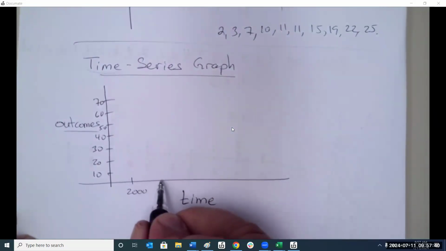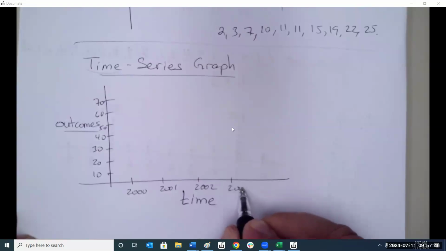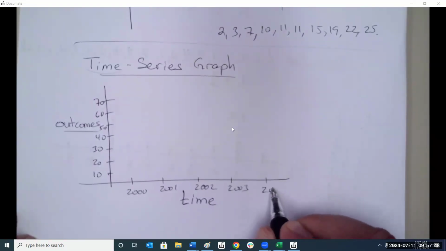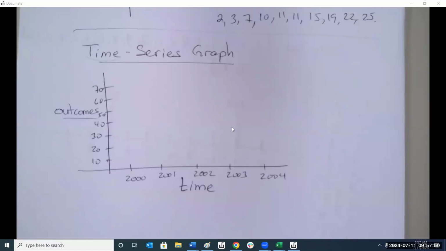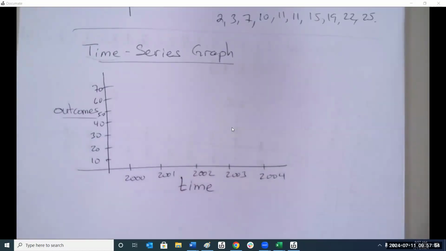In the year 2000, 2001, 2002, 2003, 2004. Let's pretend we're looking at the number of homes that were built in an area. We're looking at by year.